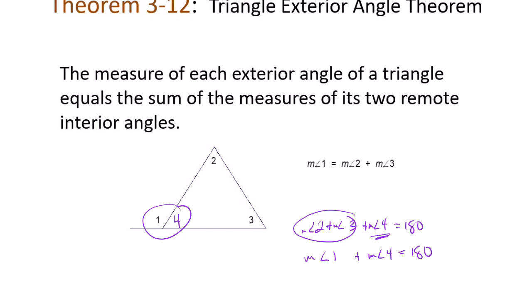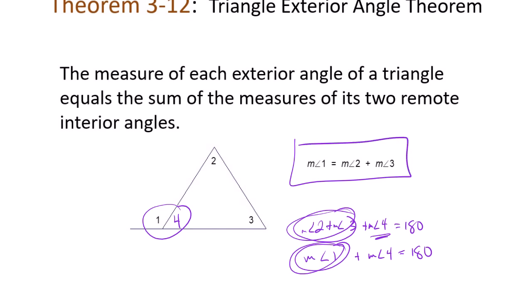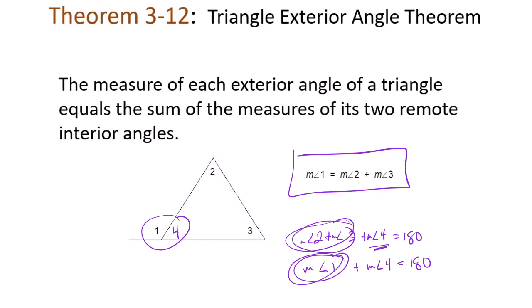So we don't have a theorem that says all this exactly, but we could easily do the subtraction property and say 180 minus angle 4 is equal to both these values. So therefore these values must be equal to one another. All right, so that's the informal proof, the logical reasoning behind the triangle exterior angle theorem.